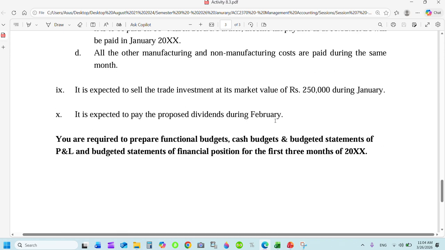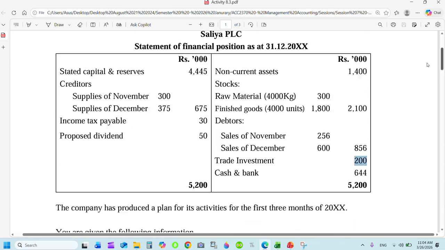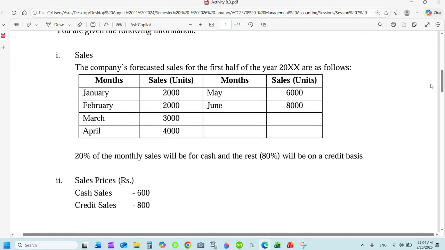That's it. So we will now move on to our sales budget. The sales budget shows the number of units you expect to sell and the sales income that you expect to generate during the budget period, right?